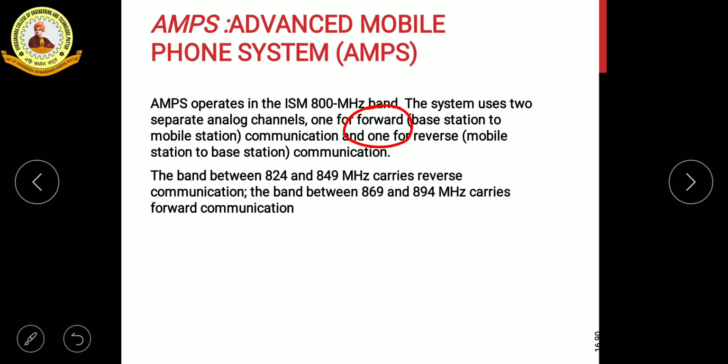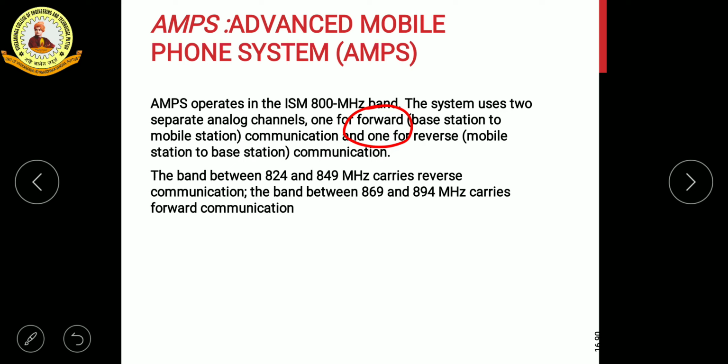Please note these things. Forward transmission is base station to your mobile, that is, antenna to your mobile, though you may think it is backward. That is not the case in the standard. Forward means base station to mobile, and reverse means mobile station to base station, right?